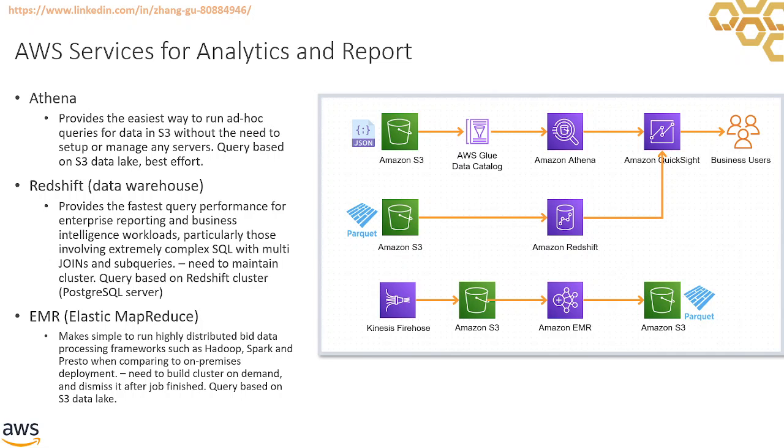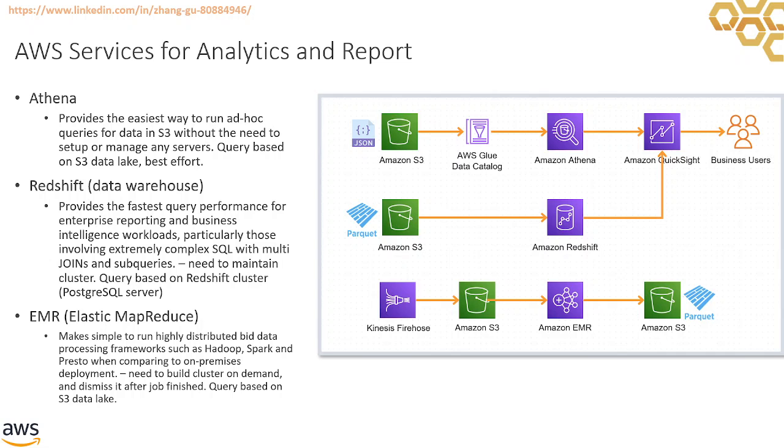Second, Amazon Redshift. It is the AWS managed relational DB based on PostgreSQL, working as your data warehouse. It provides the fastest SQL query performance for enterprise reporting and business intelligence workloads, particularly those involving extremely complex SQL with multi-joins and subqueries.